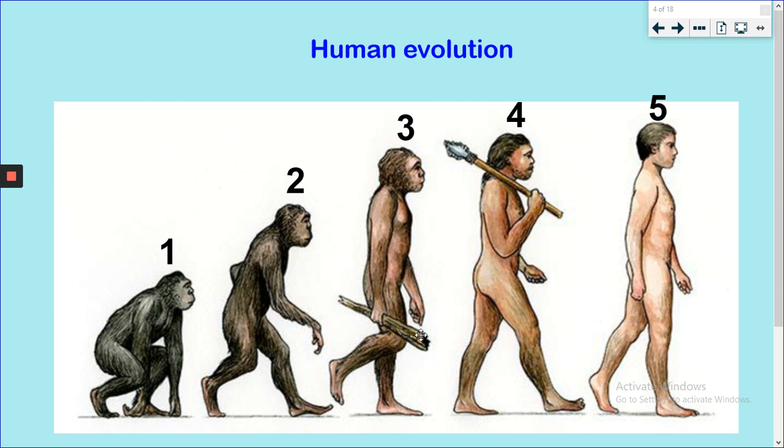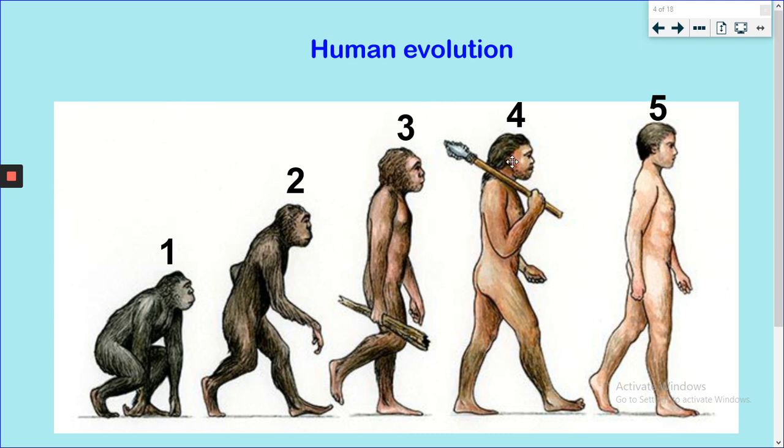Then in the second stage, the backbone has slowly become straighter, and he can stand a little bit. Then in the third stage, he can stand more straight, and he started to use tools made of wood. In the fourth stage, they have lost their body hair. Before the first stage, they had thick hair like an animal. Slowly they changed, lost their body hair, and can walk straight.